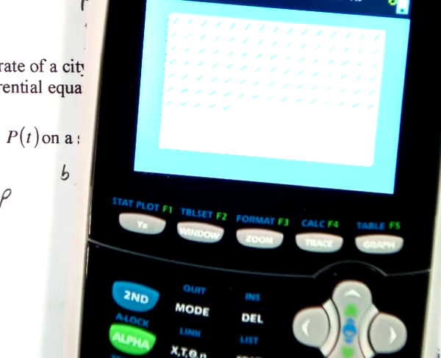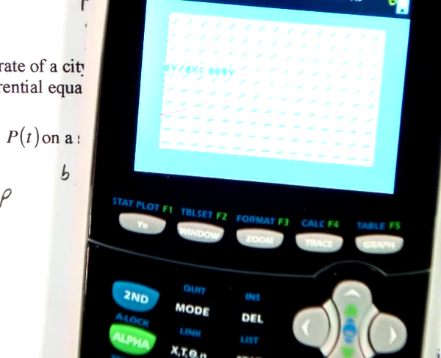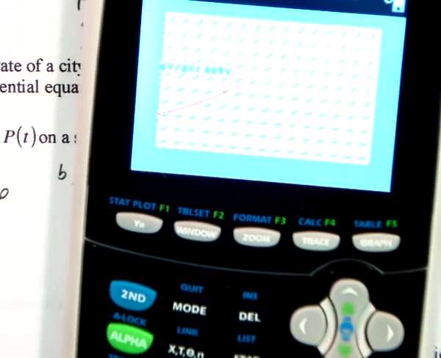I've also put in the equation, 50,000 e to the 0.009t, and I can say draw that, and we have our graph superimposed on top of our slope field. Using the calculator is much nicer than doing all that by hand.